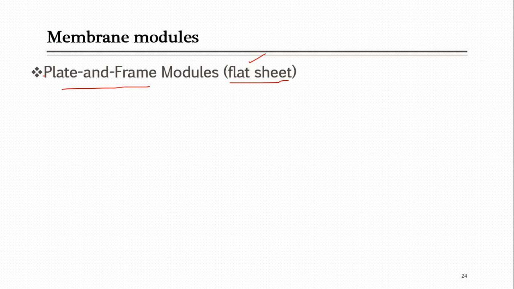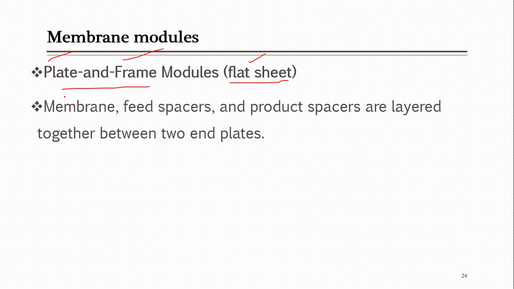As its name indicates, there are plates and frames. Overall, this type of module contains membranes, feed spacers, and product spacers, and they are layered together between 2 end plates. So there are frames or membrane modules placed between 2 end plates. That's called a plate and frame module.